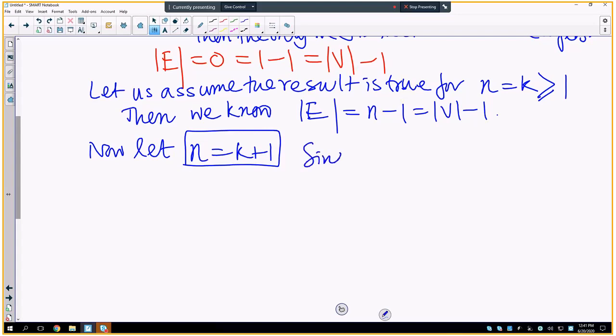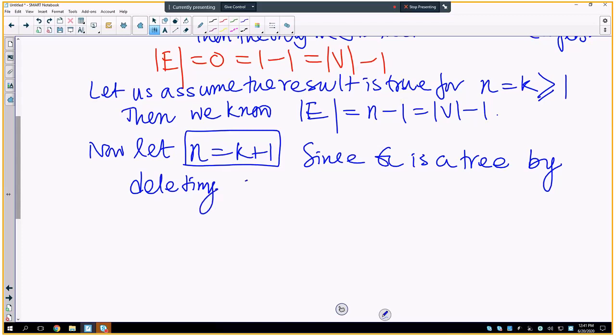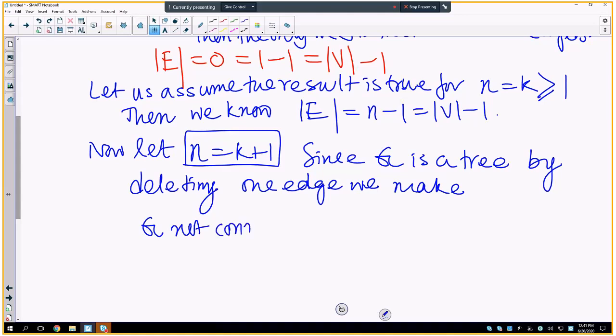Since G is a tree, by deleting one edge, we make G not connected. How do I know that?